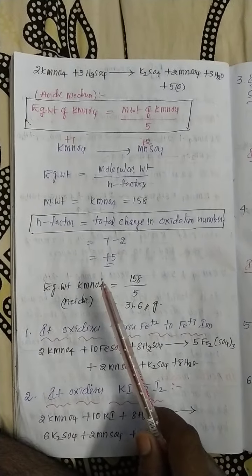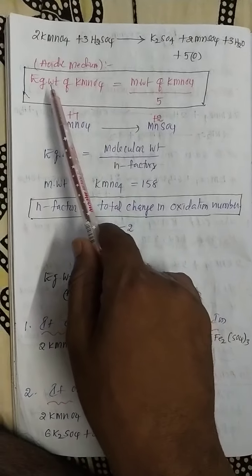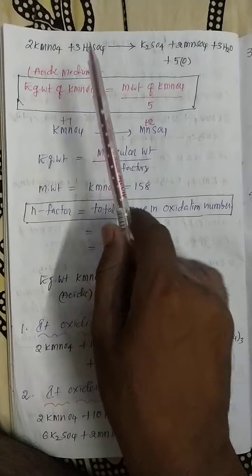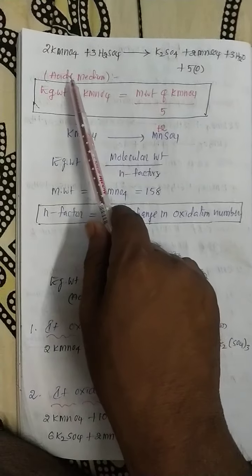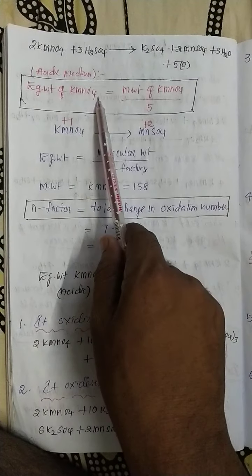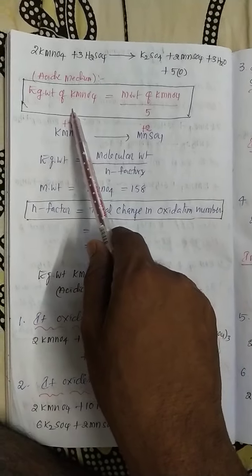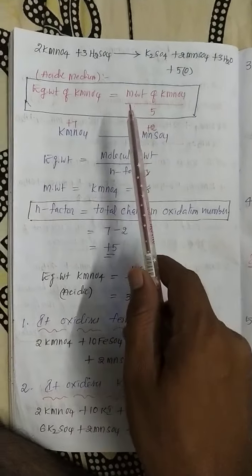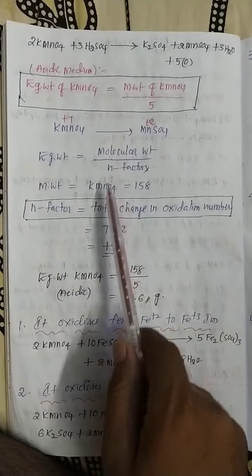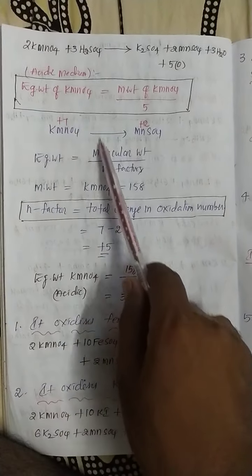Another important part: in acidic medium, how to calculate the equivalent weight of KMnO4. My dear students, in acidic medium the equivalent weight of KMnO4 is different. In basic medium and neutral medium, the KMnO4 equivalent weight is different.